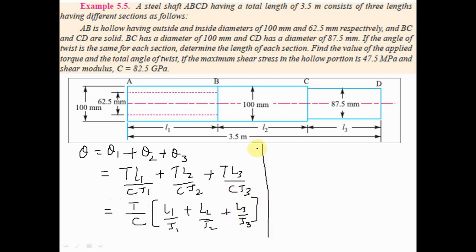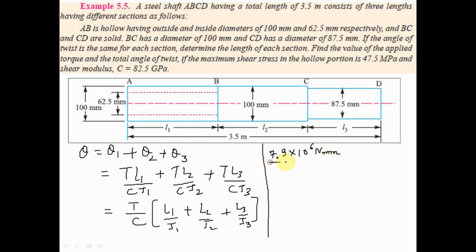So T by C, where T is the torque that you calculated in the previous step, that was 7900 Newton meters. But since we are talking everything in terms of millimeters, even the value of J, let's write it as 7.9 into 10 to the power 6 Newton millimeter, so it will be easy.